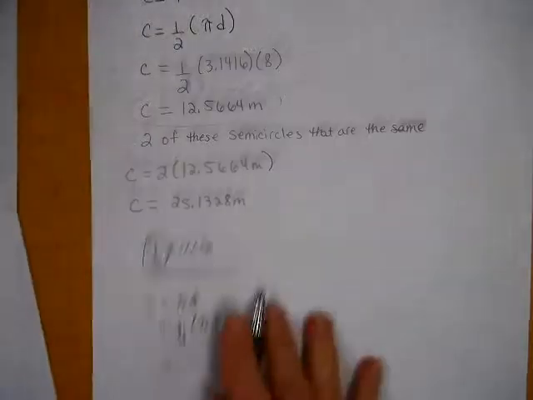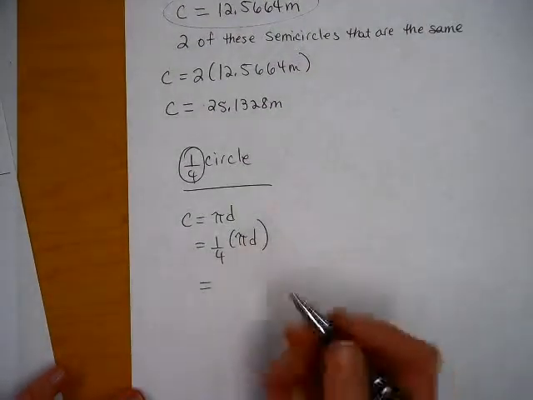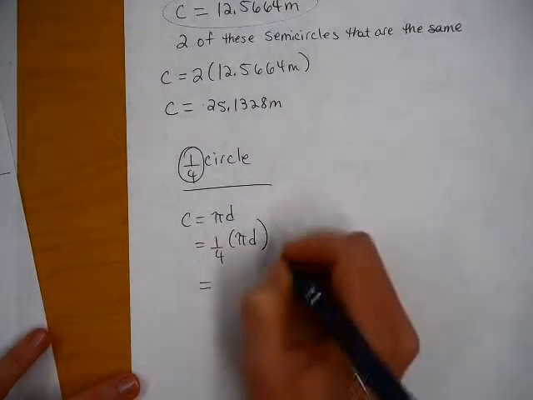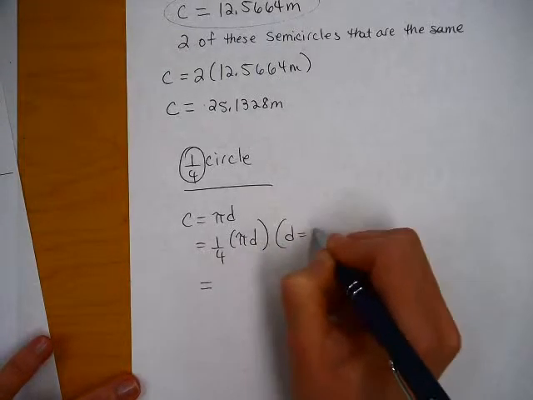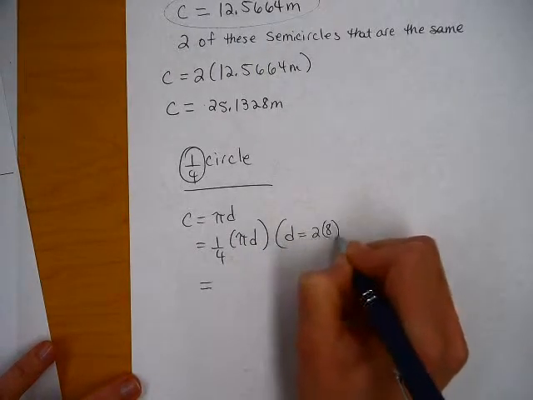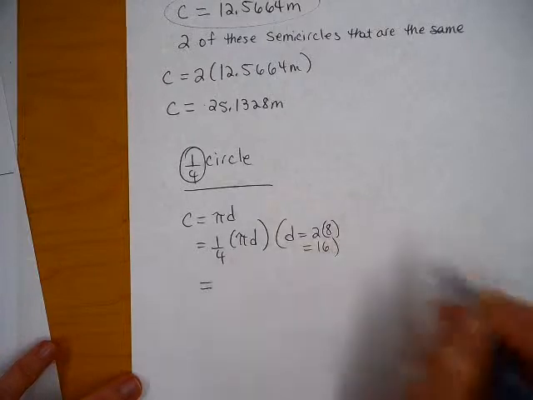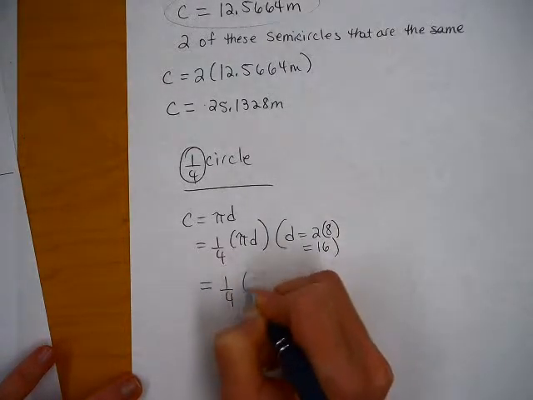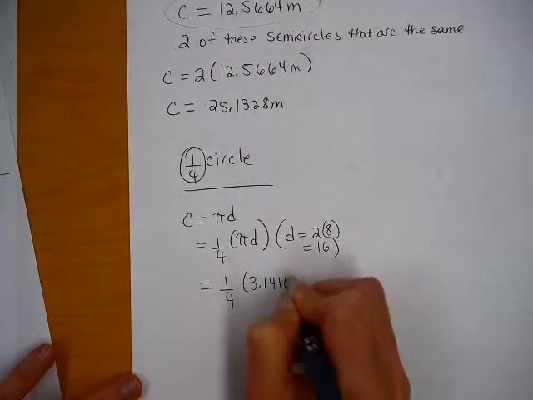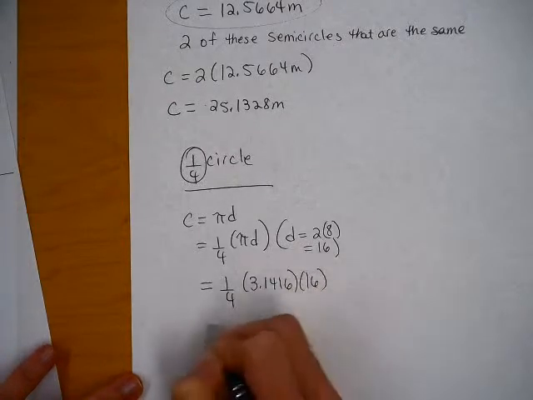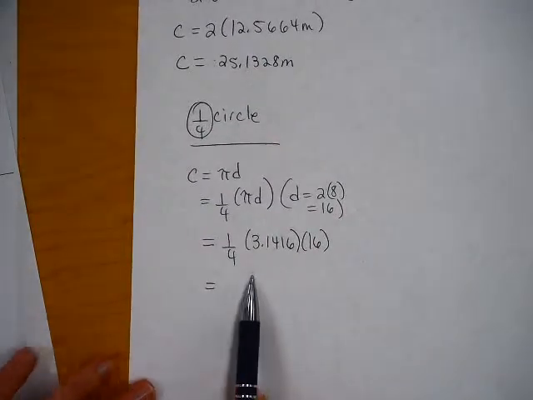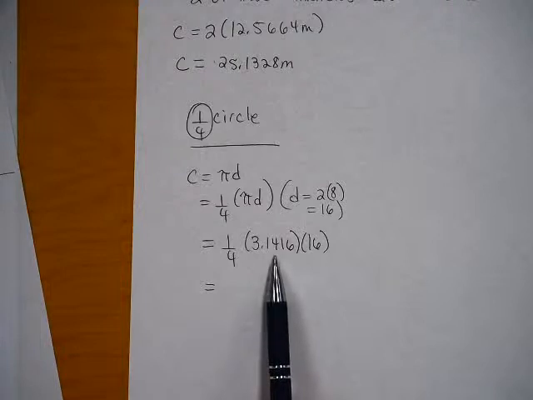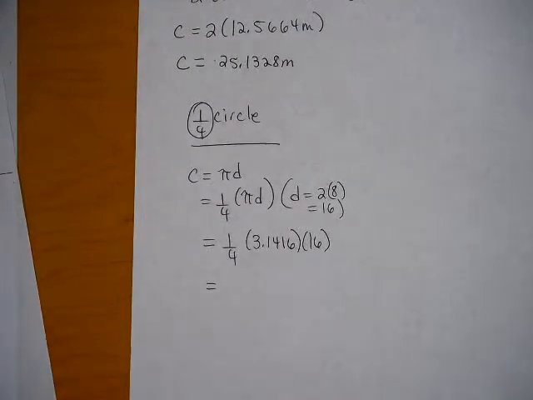And so if I know the radius is 8, then the diameter would have to be 2 times 8, which is 16. Okay, so I'm going to do 1/4 times 3.1416 times 16. Now 1/4 I know is 0.25 times 3.1416 times 16.